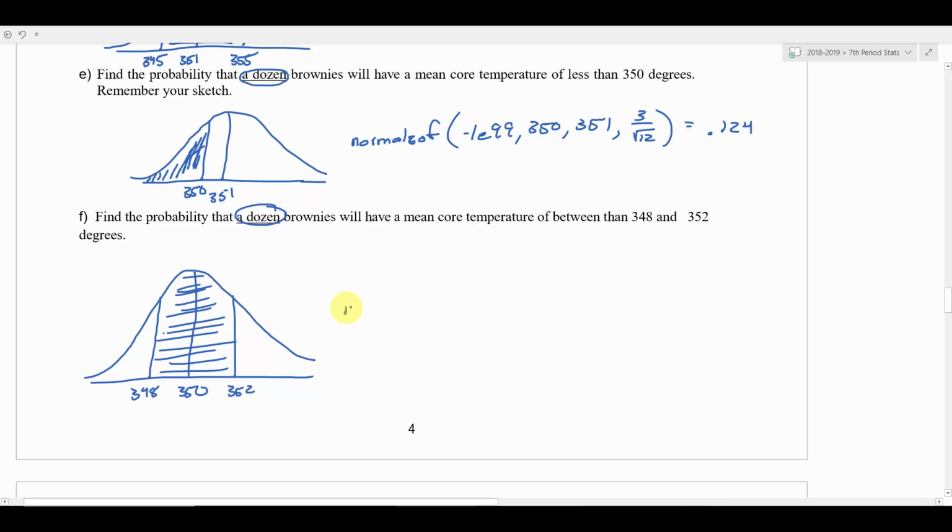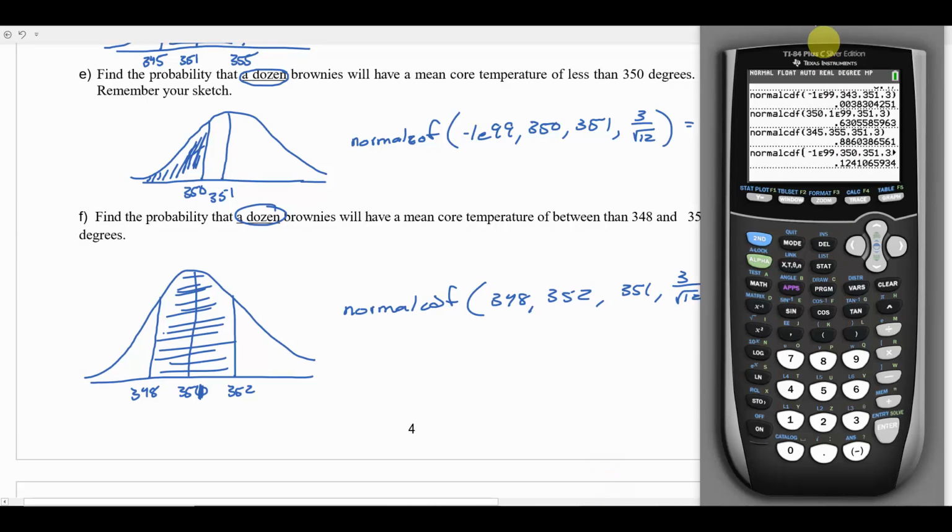And I'm going to set up my normal CDF. This time going from 348 to 352. This should be a 351. And then our standard deviation of 3 over root 12. Here we go.